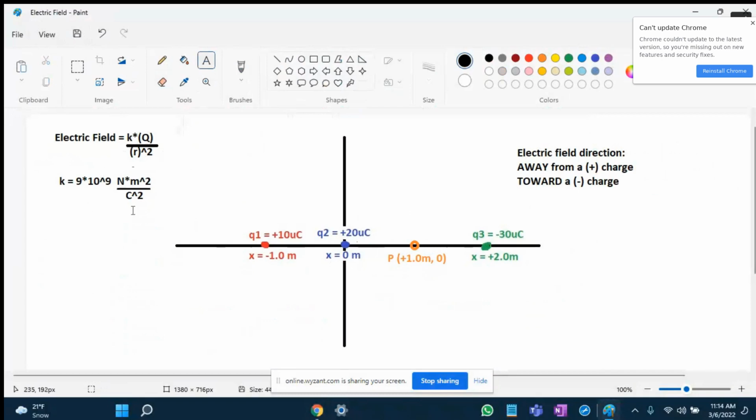So let's go ahead and start calculating these.